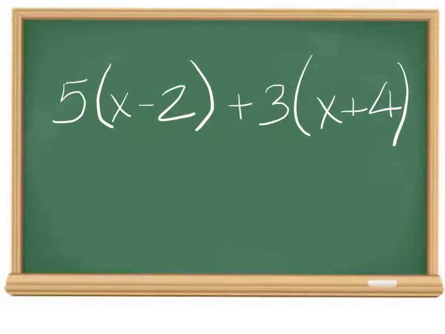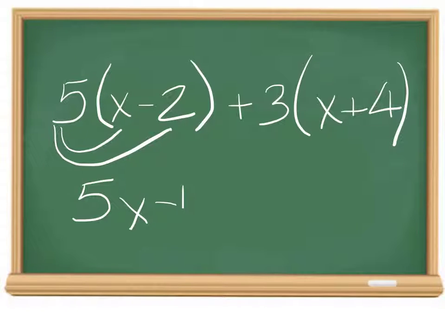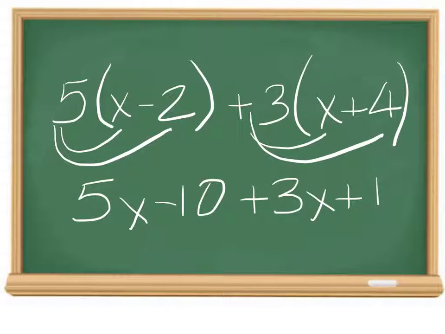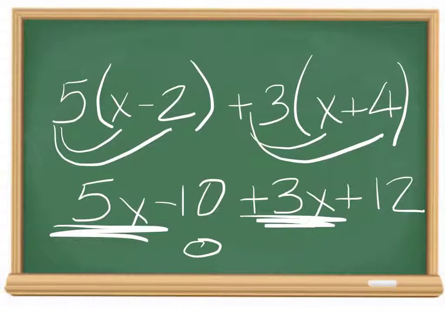Here's the solution for the problem. It's 5 times x, which is 5x. 5 times negative 2, negative 10. 3 times x is 3x, and 3 times 4 is 12. 5x and 3x is 8x.